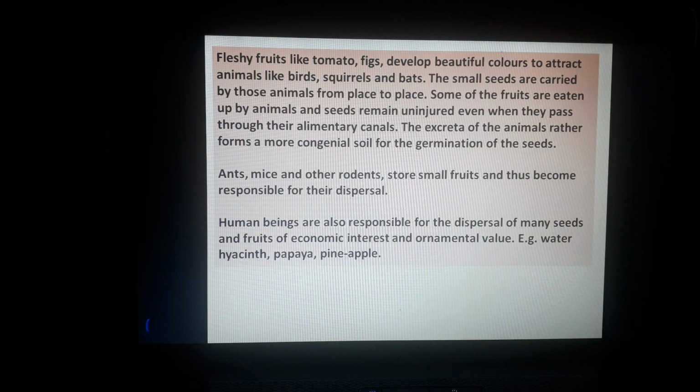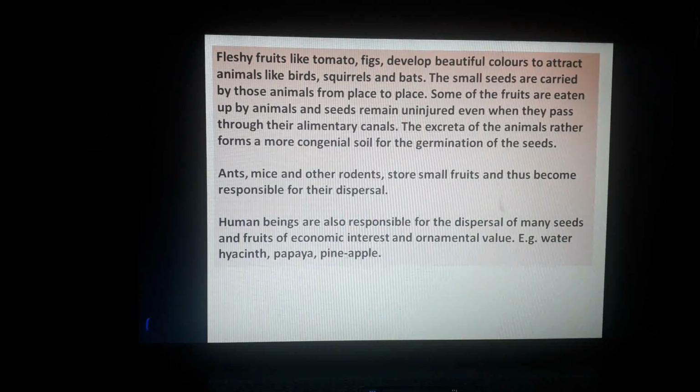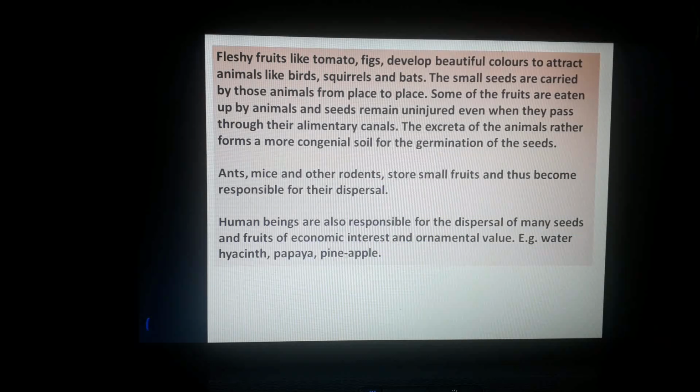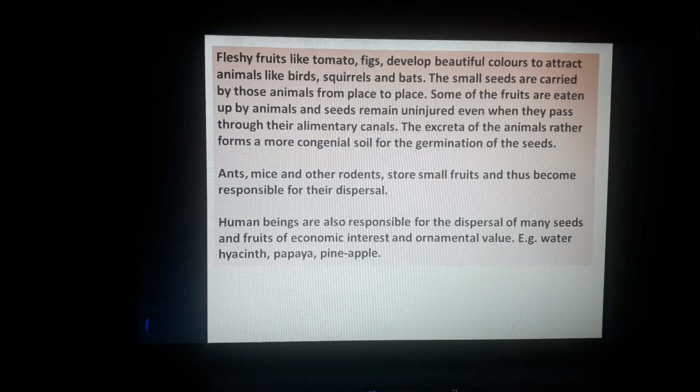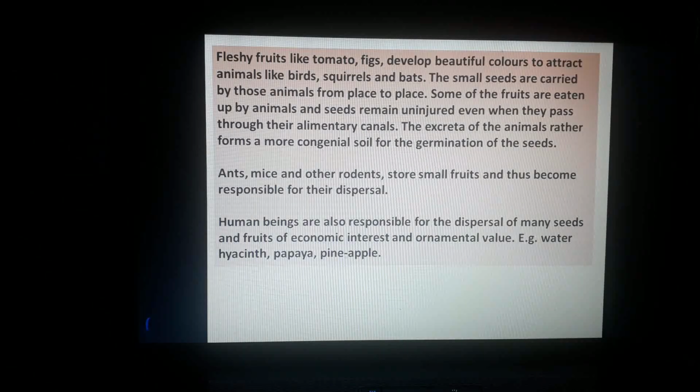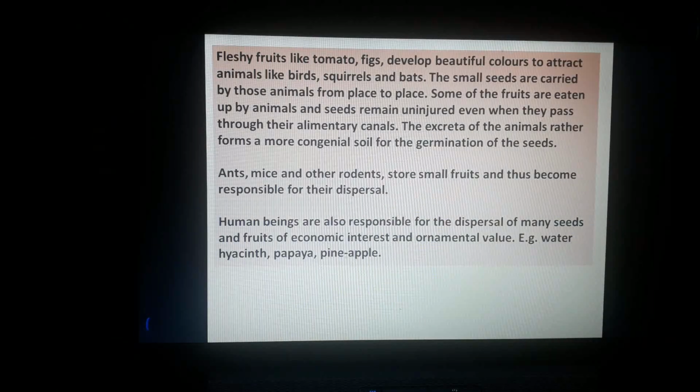And sometimes ants play the role in the dispersal of the seed, which is the special phenomenon known as myrmecochory, in which the ants play a greater role. In this case, the ants disperse seeds not only to the short distances, but also bury the seeds underground, which helps the seeds to avoid the adverse environmental conditions.